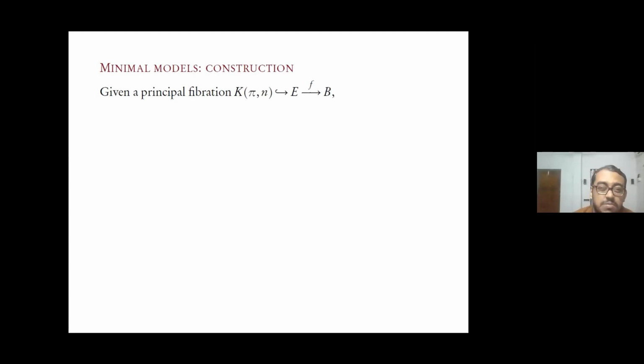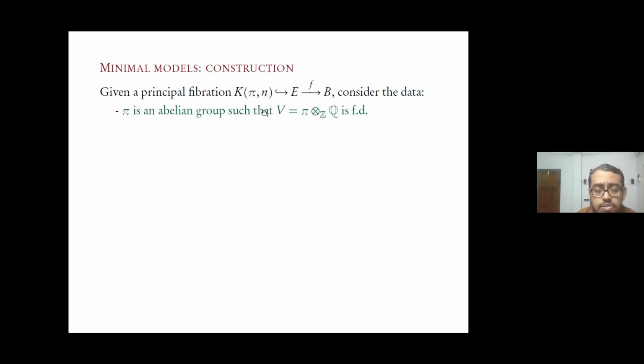If you have a principal fibration of this form, you consider the data that pi is an abelian group, because in general the things that appear as the fibers of X_n to X_{n-1} are going to be pi_n of the space X, and that's typically an abelian group. It's not going to be a rational vector space. But we're going to assume that it's an abelian group such that when you tensor with Q, this of course becomes a rational vector space, and we want this to be finite dimensional.